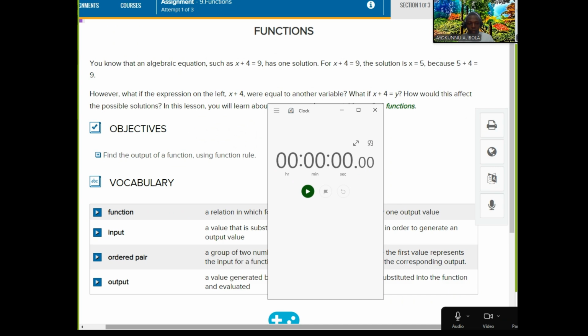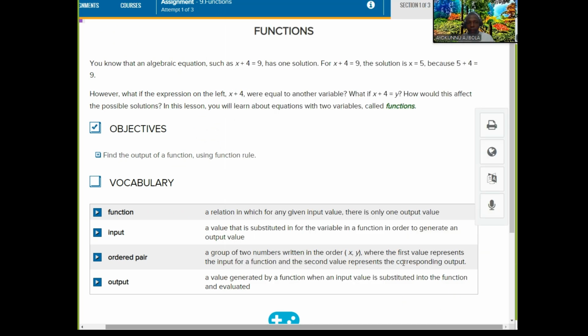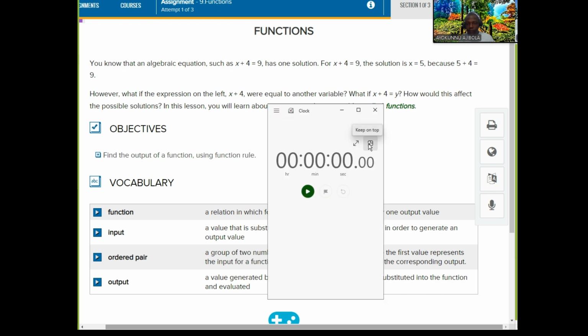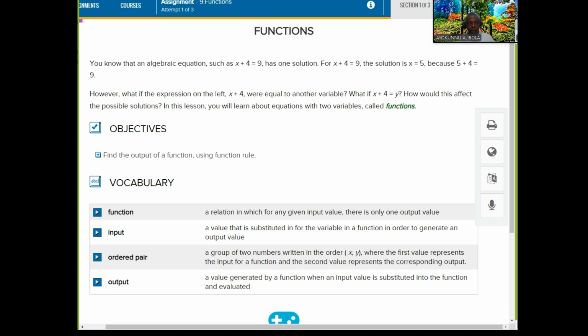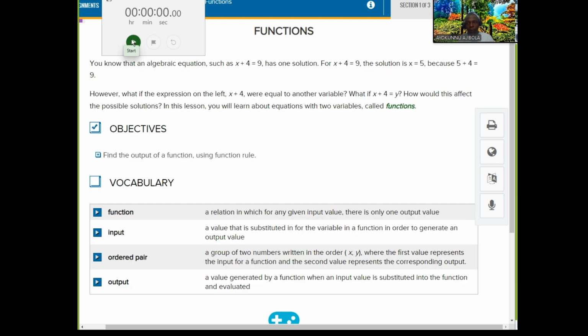So that when I ask you questions, you will be able to answer me. Is that clear, Miggy? Miggy, can you hear me? Yes. So your time starts now. Start from function and read everything on this page. I will ask you some questions once I'm back in 5 minutes. Your time starts now.